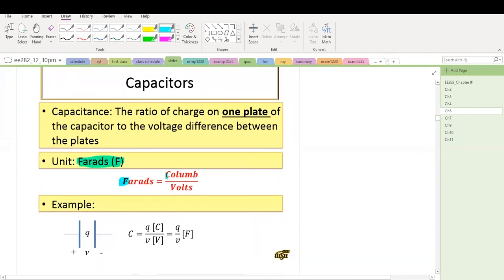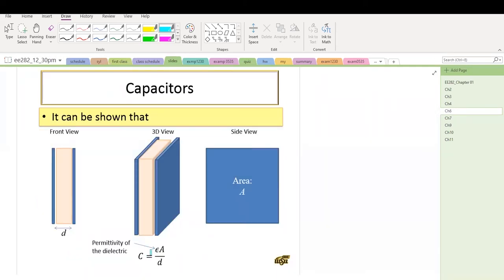What is capacitance? C equals Q, with the unit of coulomb, divided by the voltage, with the unit of volt. One farad equals one coulomb divided by one volt. The value of the capacitance is determined by the material of the capacitor.